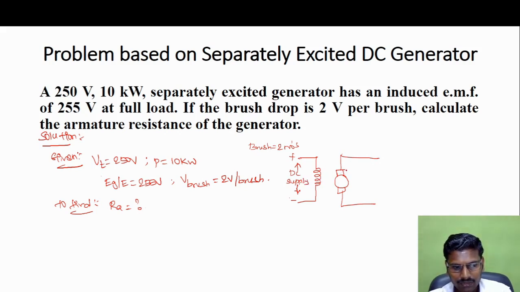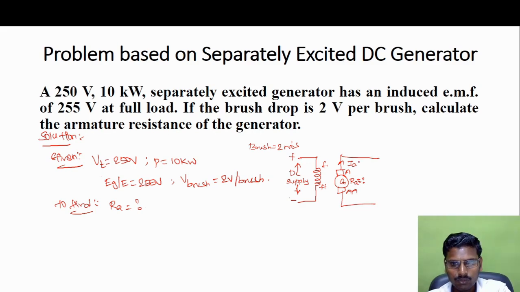Next, this is A A, this is F F, the excitation coil, and the current from this armature will be IA. This is the generator, and the conductors will have RA resistance, which needs to be calculated.